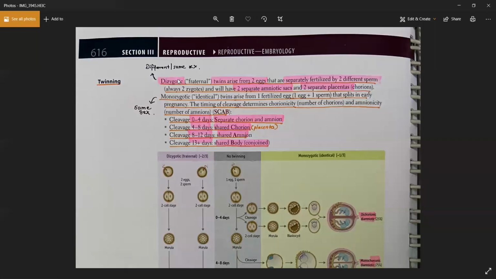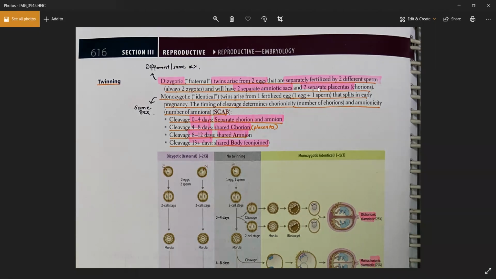So both the twins have different characteristics. One is black, one is white, one has short hair, one has black or brown hair. So both the twins are different, just like two different siblings. So this is the dizygotic twins. In dizygotic twins, you have two separate amniotic sacs as well as two separate placentas. So a dichorionic, diamniotic, you call them.